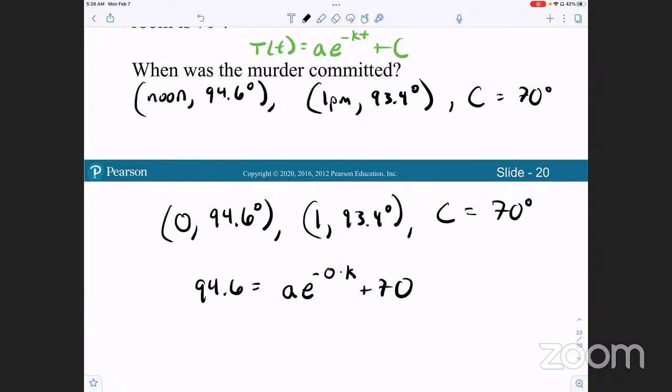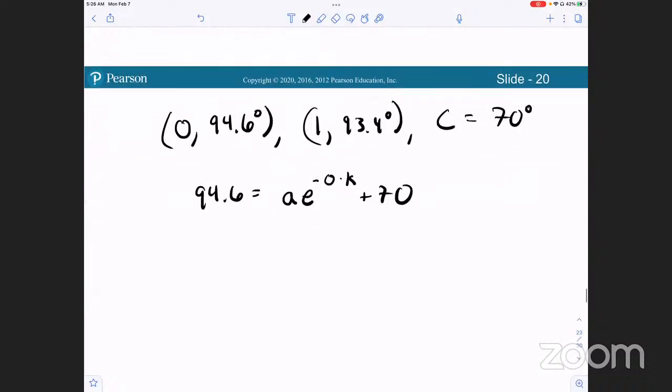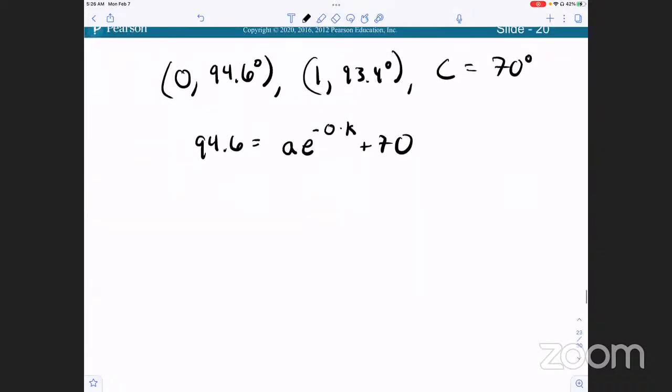So here we can solve for A. This is going to collapse because you're going to have basically e to the 0, so this term collapses to 1. So we get A equals 94.6 minus 70, so that's 24.6.